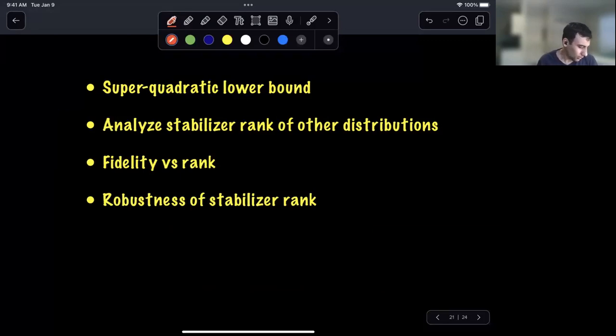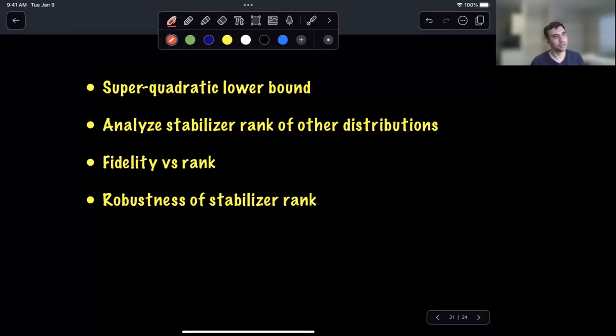At the end, I want to discuss some open questions that we still have. One obvious open question is whether we can improve this quadratic lower bound to anything better than quadratic. We believe that the optimal bound should be exponential. Can we prove something like that? At least to use our proof technique to get something better than quadratic, we should be able to analyze the stabilizer rank of some distribution other than the Haar measure.